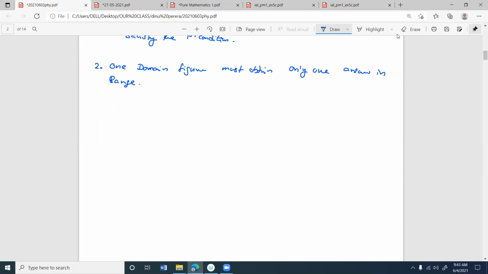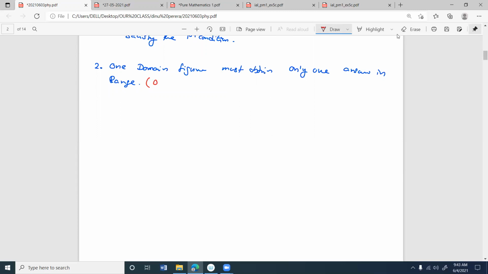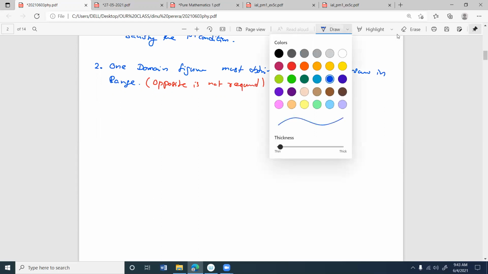But remember, you have to memorize this, but the opposite is not required. Let's see what this condition stands for.